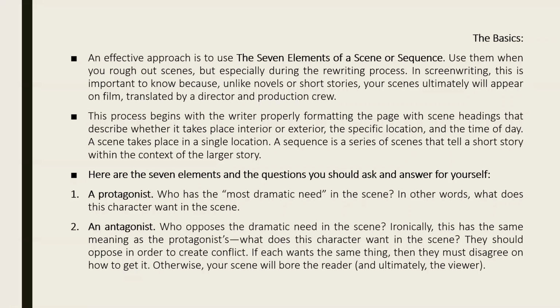If each of them wants the same thing, then they must disagree on how to get it, which is what happens in classic love stories. You have a protagonist, a love interest, and you have an antagonist. Let's say we look at it from the point of view of a triangular love story. Three people are in a relationship. But are they in a relationship at the same time with each other?